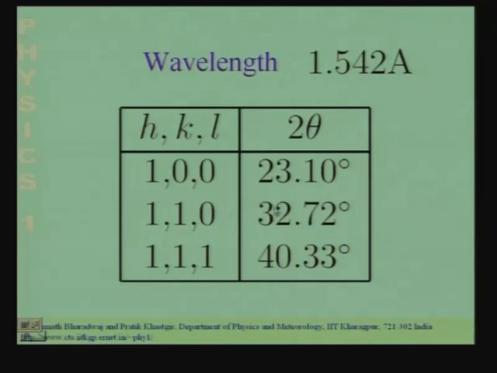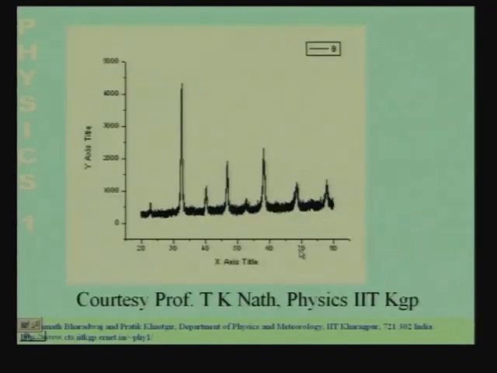If you determine the interatomic spacing using this data, you can interpret the first one as corresponding to HKL equal to 100, the second one as corresponding to 110, the third one as corresponding to 111, with successively smaller interplanar spacing.